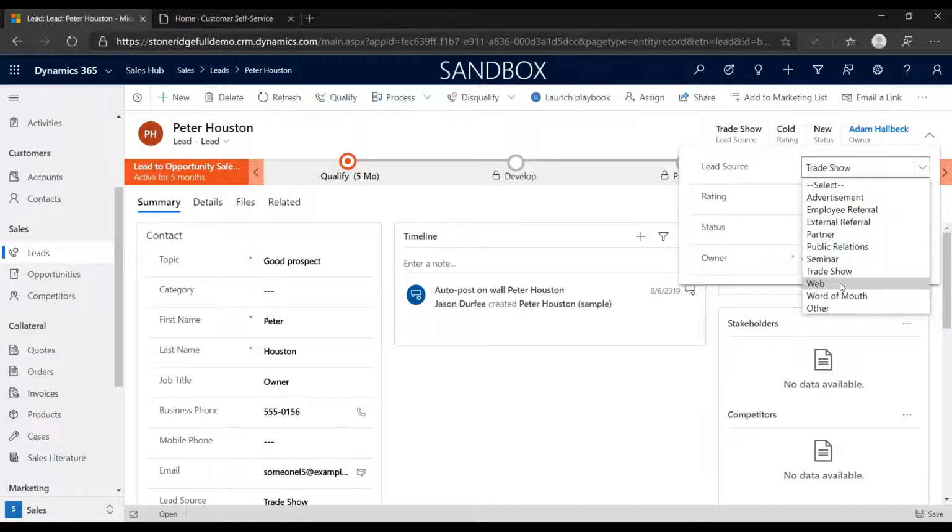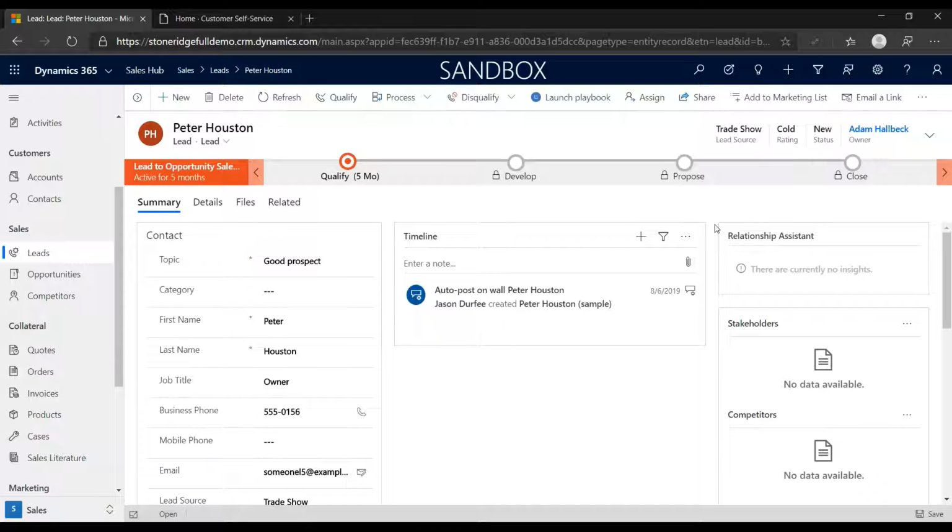Now, when we're thinking about web leads, filling out forms or going to a specific manufacturing partner and requesting more information, Dynamics 365 does provide portal capabilities that can plug right in and push those lead requests or information requests right into the system. In fact, I do have a portal instance up right now.